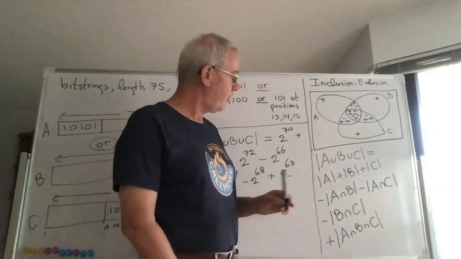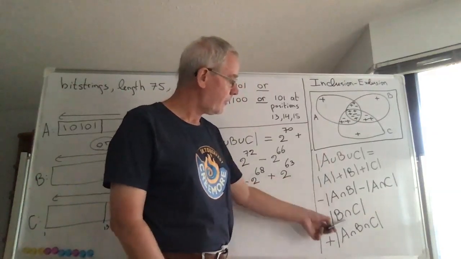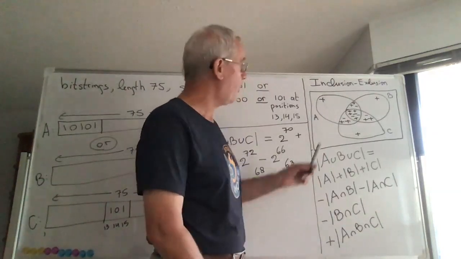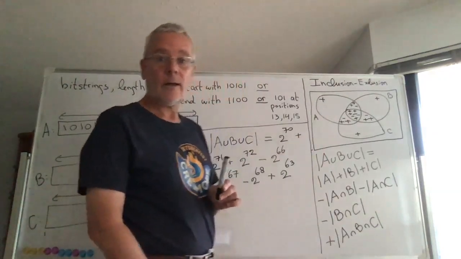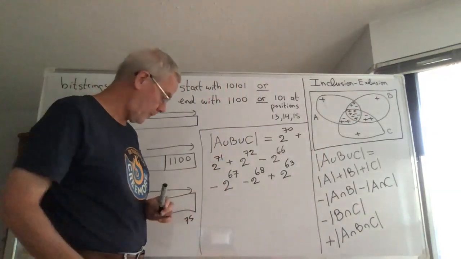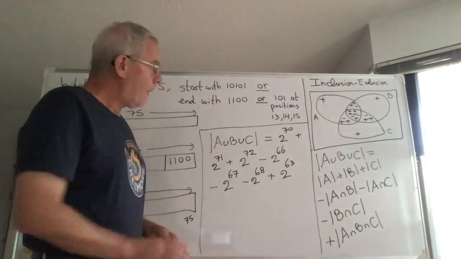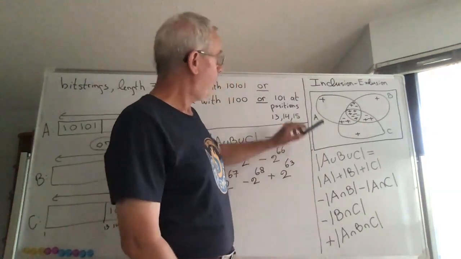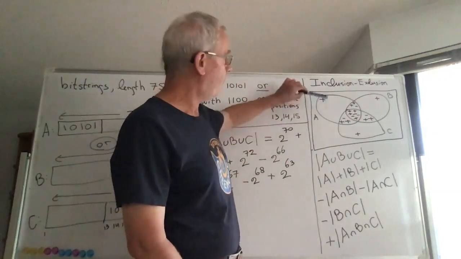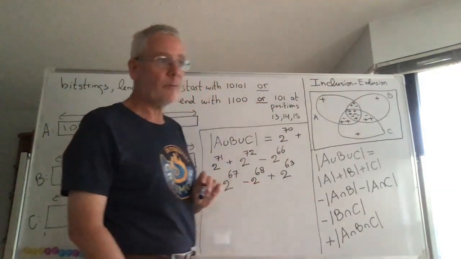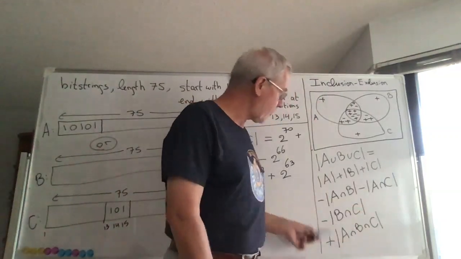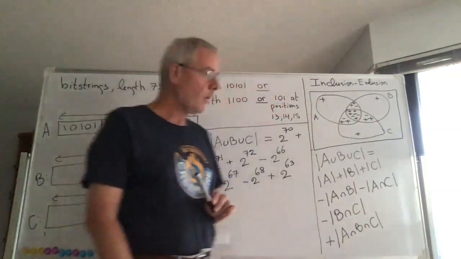And keep in mind, if you don't remember the formula here, it is very easy to derive the formula by drawing the picture and then going through it the way I derived it here. As a last remark regarding inclusion-exclusion, if the sets A, B, and C happen to be pairwise disjoint, then this formula is still true.